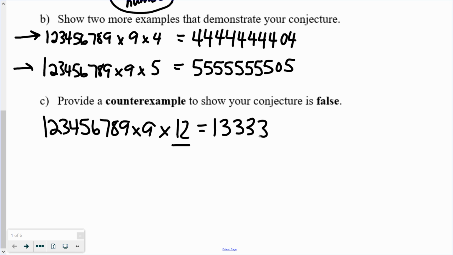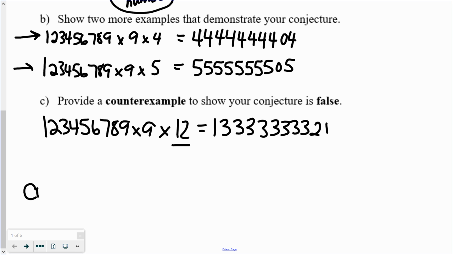Uh-oh, I think there's 9. It might only be 8. Yes, it will only be 8. This doesn't follow the way that I originally wrote that conjecture, that if I multiply it by a number.